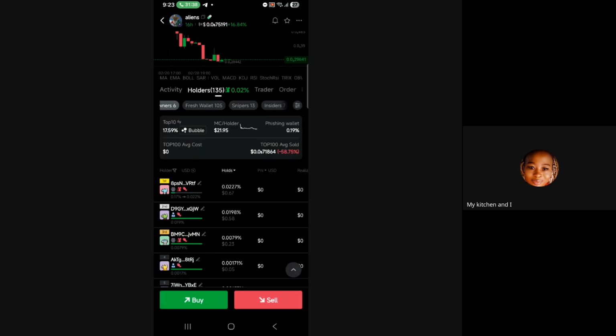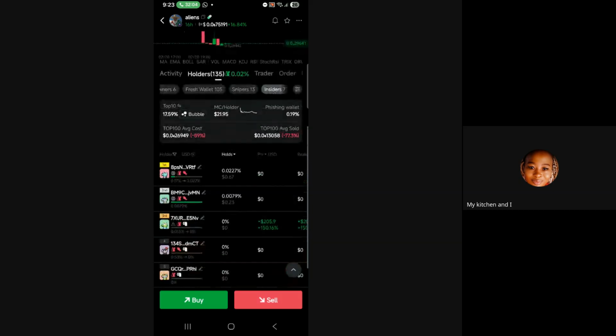That means they sent a significant portion of the total supply into this wallet without it entering the liquidity pool. So now click on insiders, you see that they hold an insignificant number. So I am not scared because they do not hold that much. The ones that held that much have sold off. The rest do not hold that much.